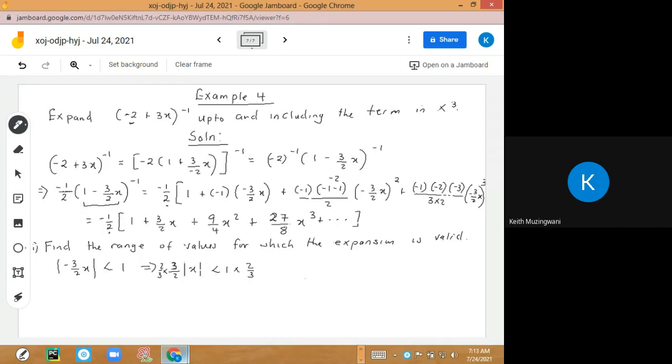Multiplying by 2 over 3 is the same as dividing by 3 over 2. So don't get confused there. So you have the modulus of x less than 2 over 3. This is the range of values of x for which the expansion is valid.